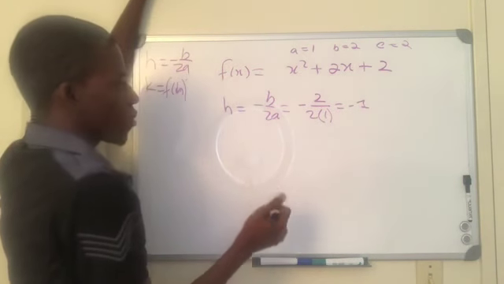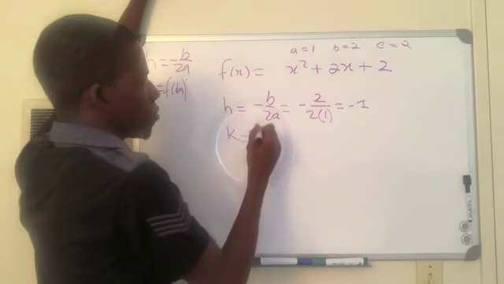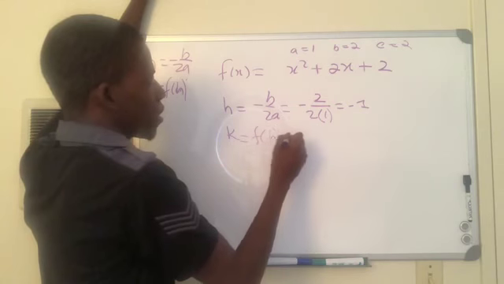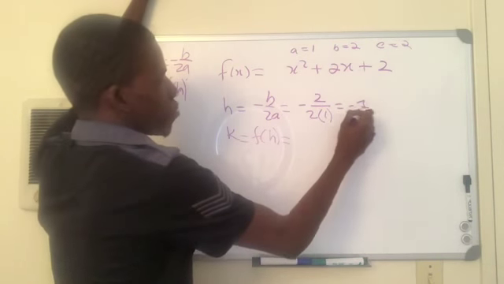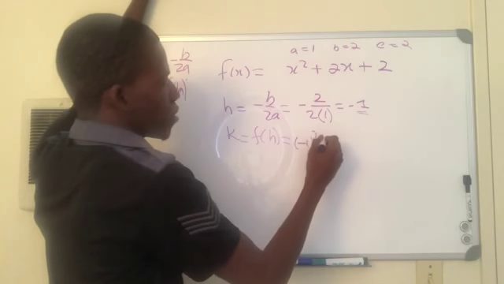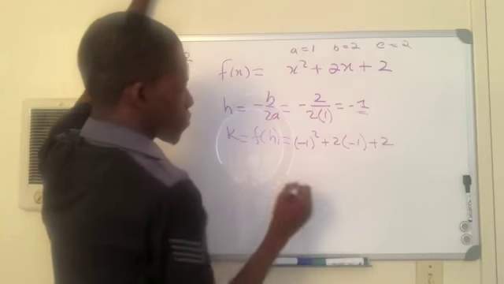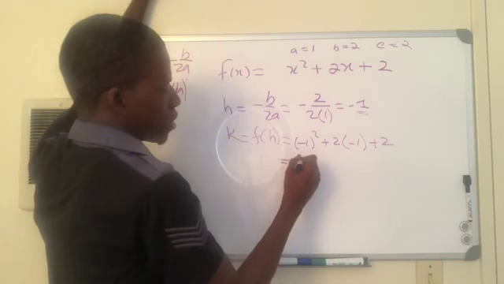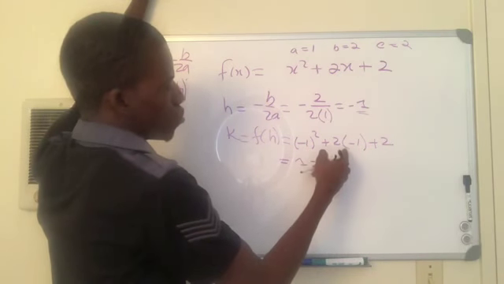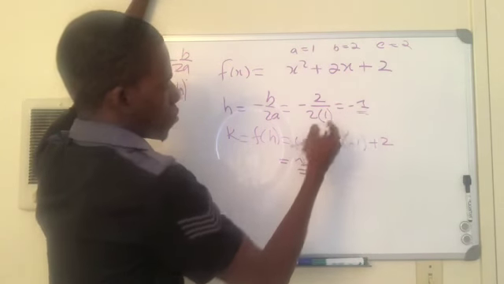Okay, so I go back in to find k, which is f of h. I have to plug h, which is -1, back in for x. So it's (-1) squared plus 2 times -1 plus 2. That gives me 1 minus 2 plus 2. So that's 1. Okay?